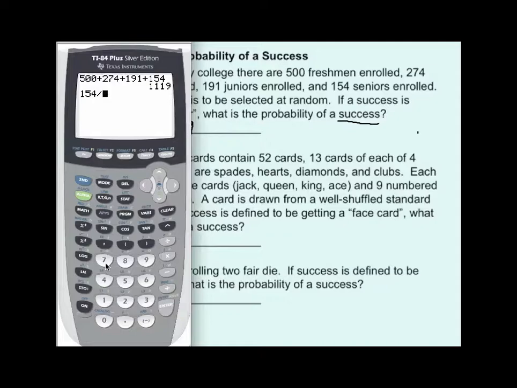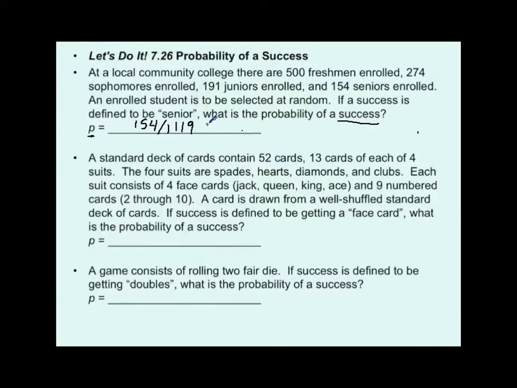So that's 154 divided by 1,119, which comes out to be that we've got about a 13.8% chance, okay? So this number is approximately 13.8%, okay? All right, let's try the next one.